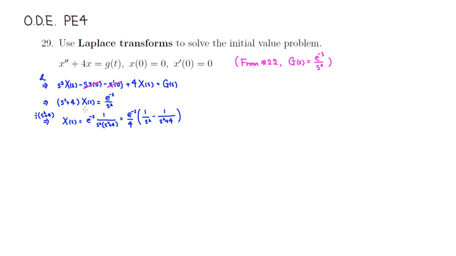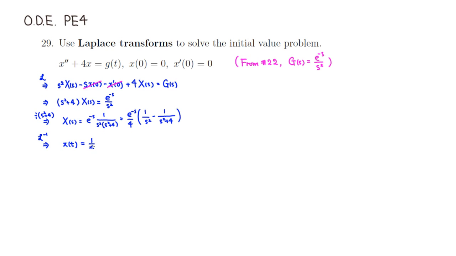Then we can apply the inverse Laplace transform from here. Applying the inverse Laplace transform, capital X of s becomes x of t. That will be the solution of the initial value problem. There's going to be 1/4, just a number.